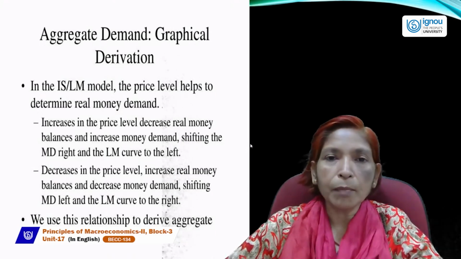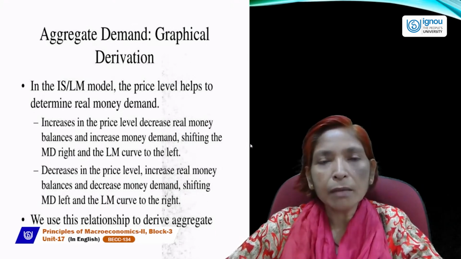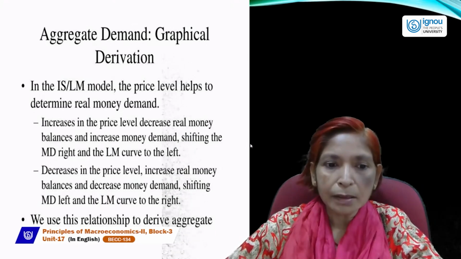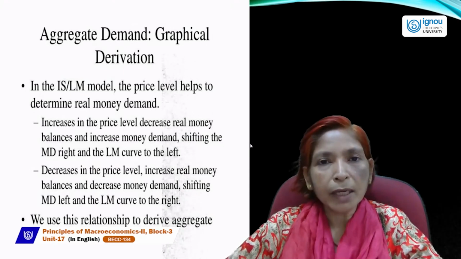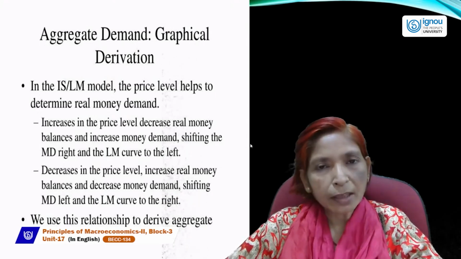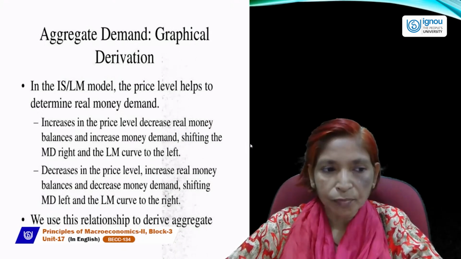In the IS-LM model, the price level helps to determine real money demand. An increase in the price level decreases real money balances and increases money demand, shifting the money demand curve to the right and the LM curve to the left.